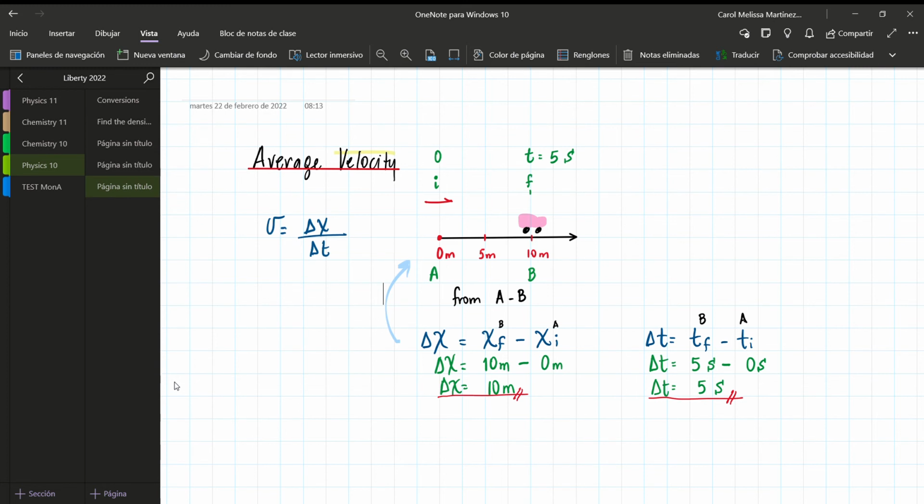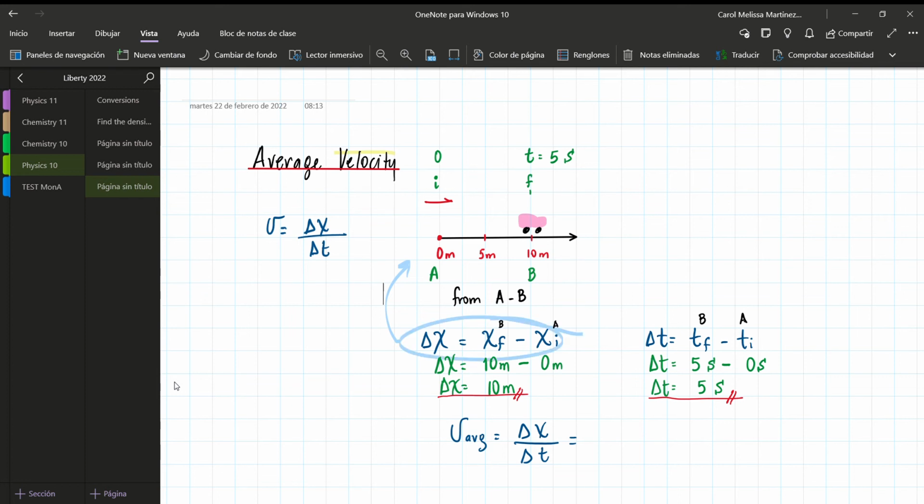We're going to apply the formula that I gave you. Average velocity equals delta x, or displacement, divided by delta t, or change in time. So we replace by each formula. Delta x is this formula from here, so I'm going to place it.